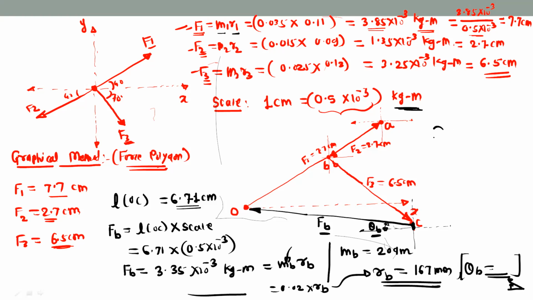Okay, so theta B is with respect to negative x-axis. Okay, so this is how you can solve this problem by using the graphical method.